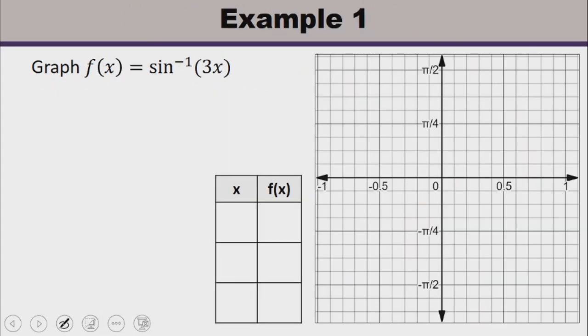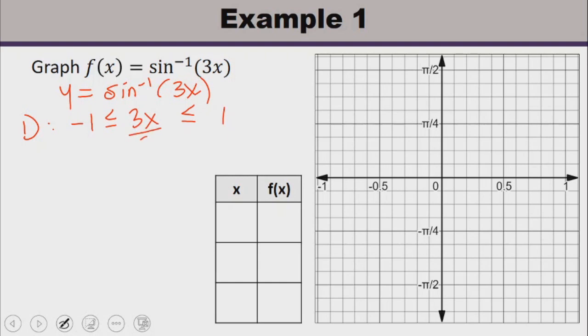So for example 1, we want to graph the arcsine of 3x. So we have y equals arcsine of 3x. What we want to do is to now determine the domain. We remember that the domain for the arcsine goes from -1 to 1. But in this case, instead of just dealing with x, we are dealing with 3x.